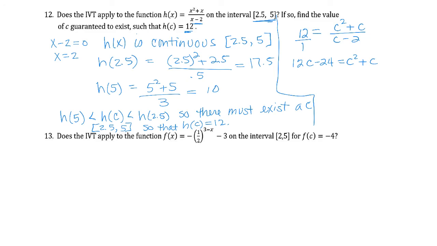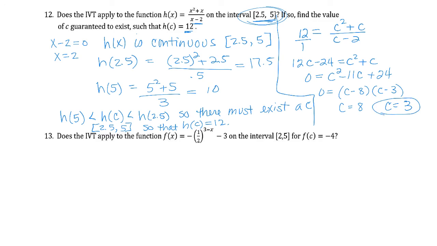Move everything over and factor, so I'm going to have 0 equals c squared minus 11c plus 24. And then that's going to factor into negative 8, negative 3. And so I have two c values that will satisfy this. However, only one of those would be inside this interval. So we're going to have to toss the 8.